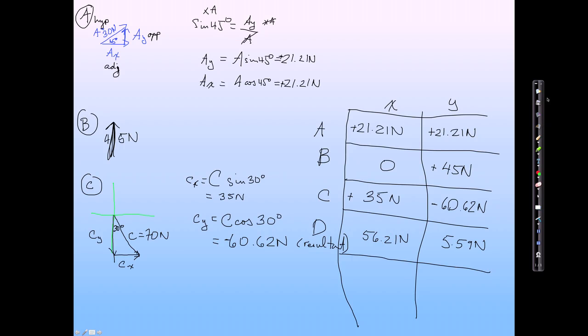All right, so let's do that then. For the vector D, we have an x component of 56.21 newtons and a y component of 5.59 newtons. Now this vector diagram is not to scale, obviously, because this is not 10 times as long as this. This is Dx, this is Dy.